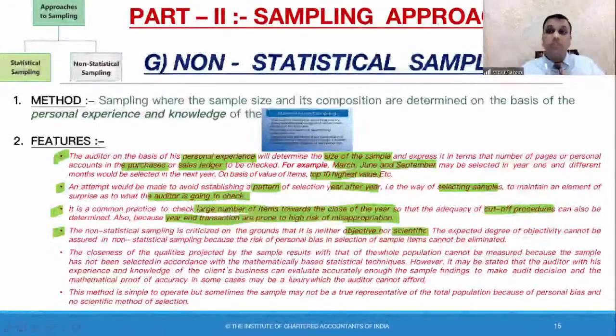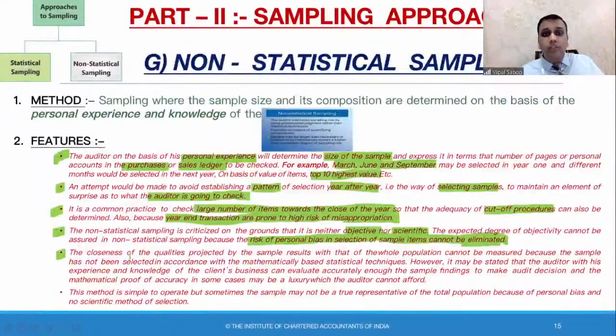But something subjective will vary from auditor to auditor, team to team. So we cannot expect objectivity and the same results from non-statistical sampling techniques, because there is a risk of personal bias in selection of sample items, and this risk cannot be eliminated.